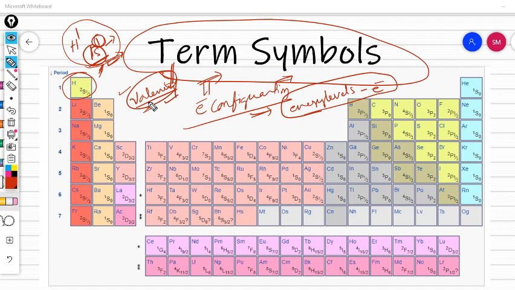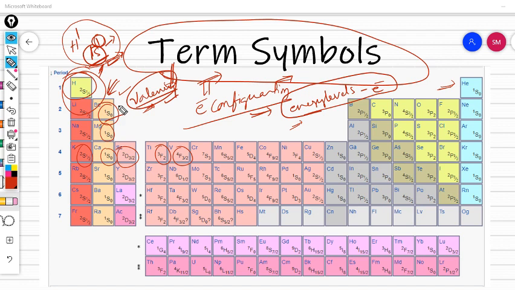So if you can see, these are the ground state term symbols of all elements. This is the periodic table with ground state term symbols of all elements. It looks very overwhelming, but if you can spare 10 minutes, you will get all the term symbols and why they are the ground state, and that will be very easy.